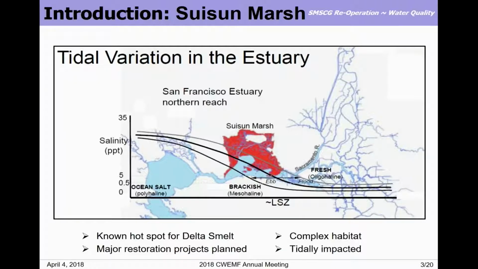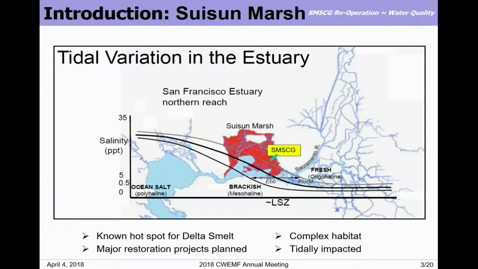The salinity gradient shown here, you can see from the flood tide and ebb tide, changes a lot, and as you know, the delta smelt prefer low salinity. So in that sense, how to control this marsh in the low salinity zone, that's a critical part.